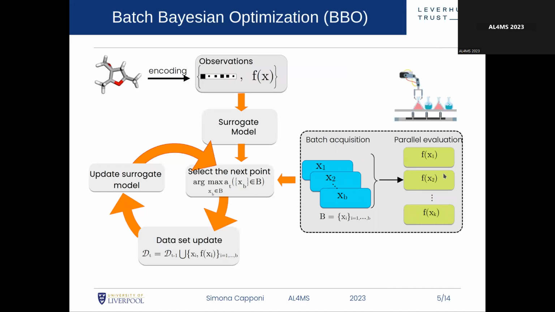That, for example, is the case for design of experiments in chemistry. In my project, in collaboration with a group which does chemical reactions with a robot, the robot is designed to make experiments in parallel. So this configuration of Bayesian optimization is quite convenient to be applied to this case.